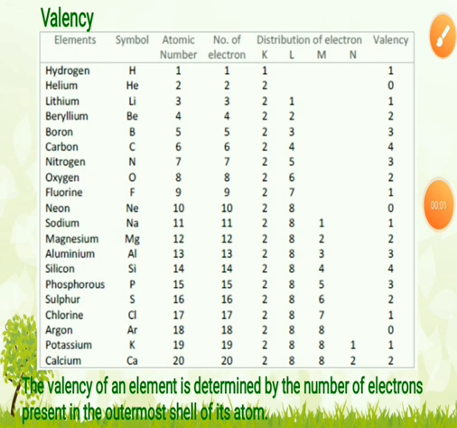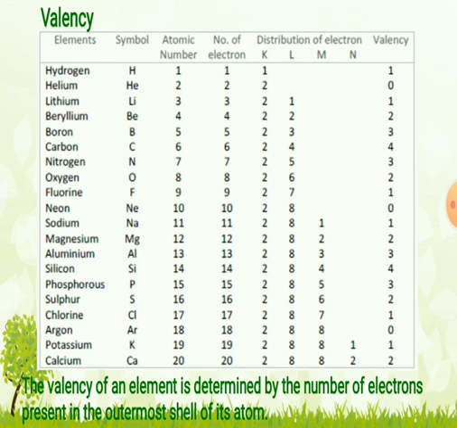Here the concept of valency will be cleared. In earlier standards you have studied that the valency of an element is determined by the number of electrons present in the outermost shell of its atom. Here you have the elements from hydrogen till calcium, with their symbol, atomic number, number of electrons and distribution of electrons in different shells, that is K, L, M and N shells, as well as the valency.